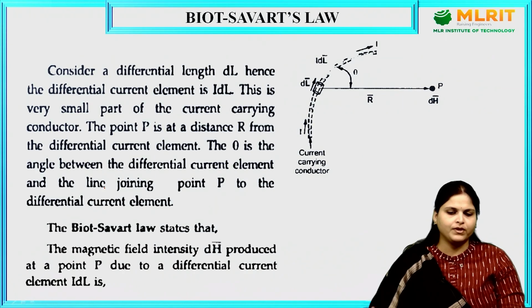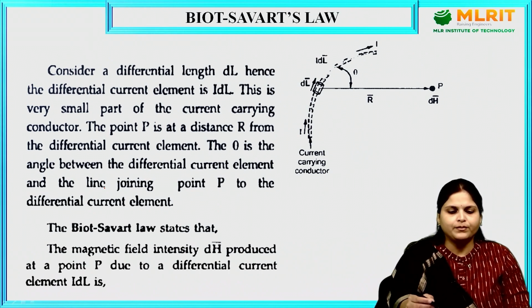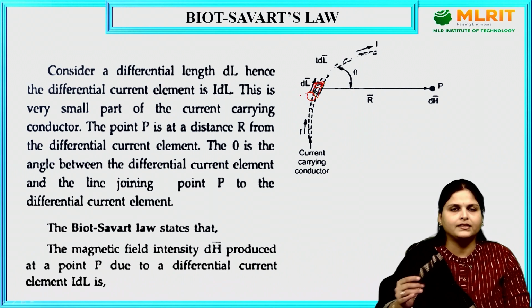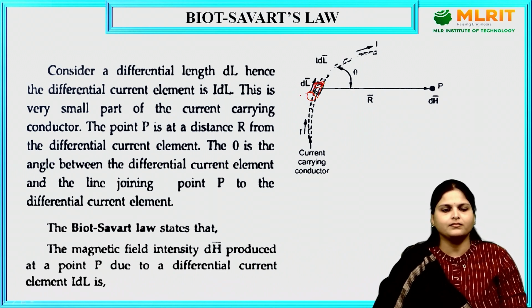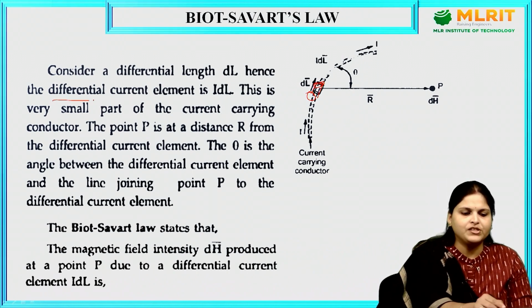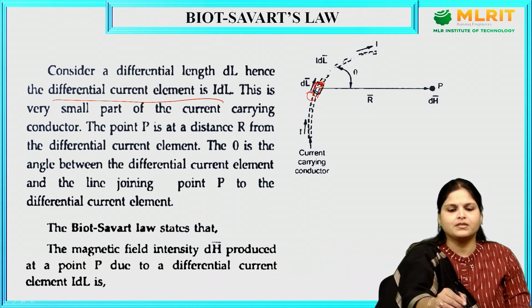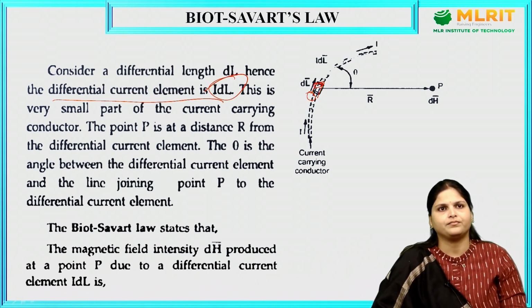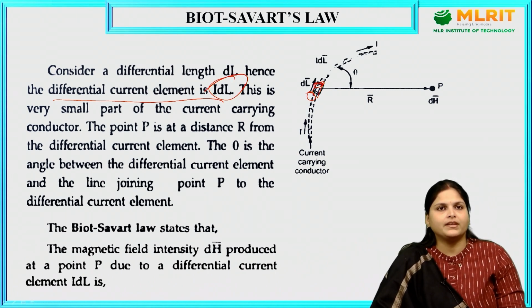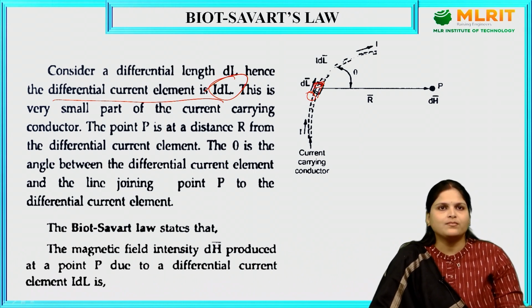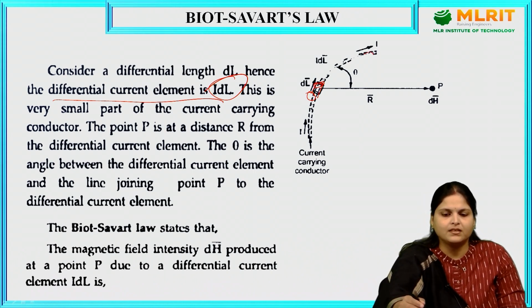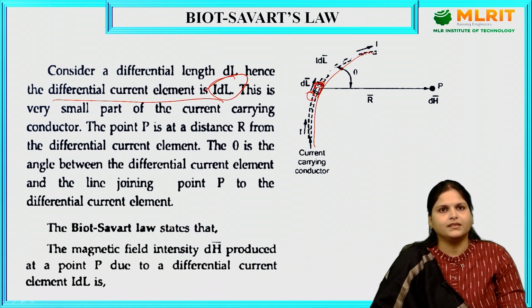Let's move further. Here we are considering a small differential length dl. So, this differential current element becomes I dl, and it is a very small part of this current carrying conductor.